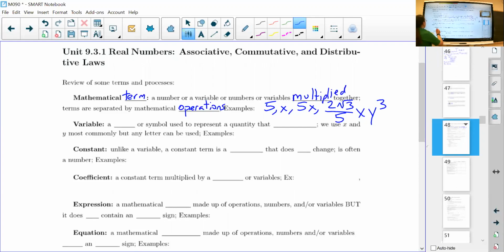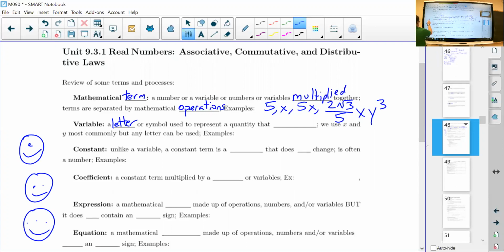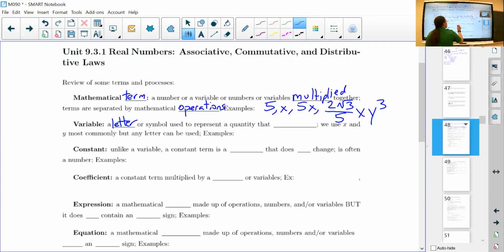A variable is usually a letter, but it could be another symbol. I had a professor who liked to use smiley faces, and we had cyclops smiley and double smiley and so on. That was the variable scheme we used. So usually a letter to represent a quantity that can change.